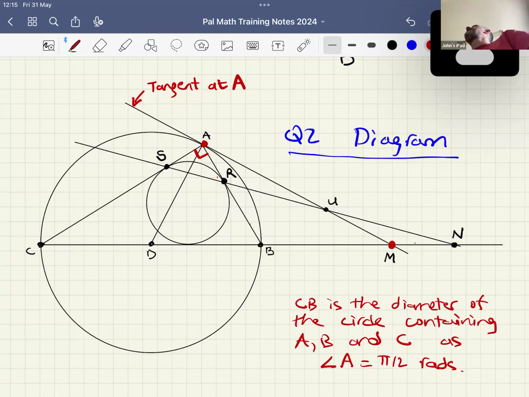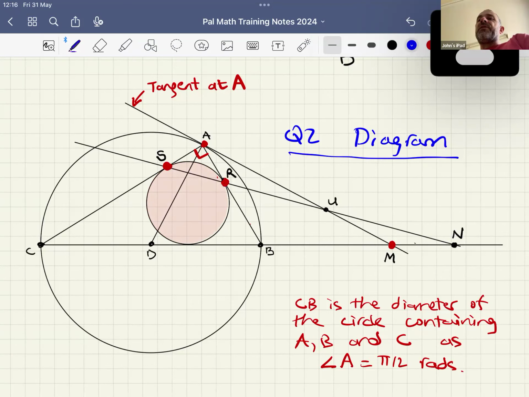And the in circle, which is here, this is the in circle, that's going to touch AC at S. And it's going to touch AB at R.